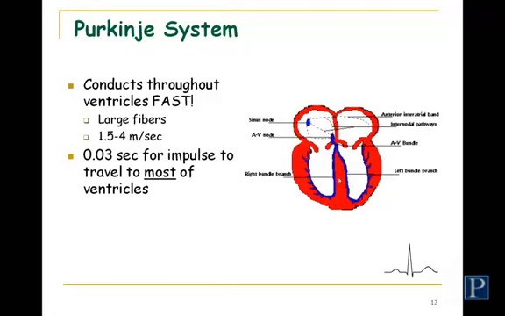But before I talk about why it goes really quickly, I again want to give you the significance of why you have the annulus fibrosus that separates the atria from the ventricle, and that the bundle of His is the only normal way that we can get that electrical impulse down to the ventricles. So remember, the electrical activity will die off when it hits that annulus fibrosus. It acts as an electrical insulator.